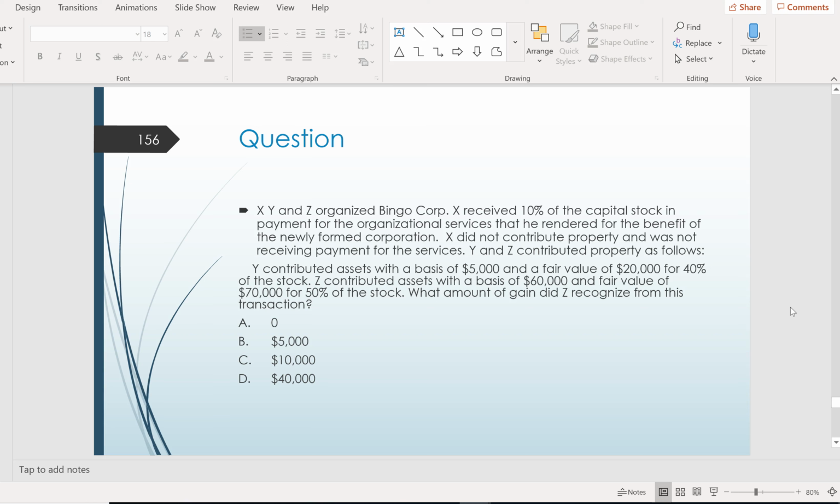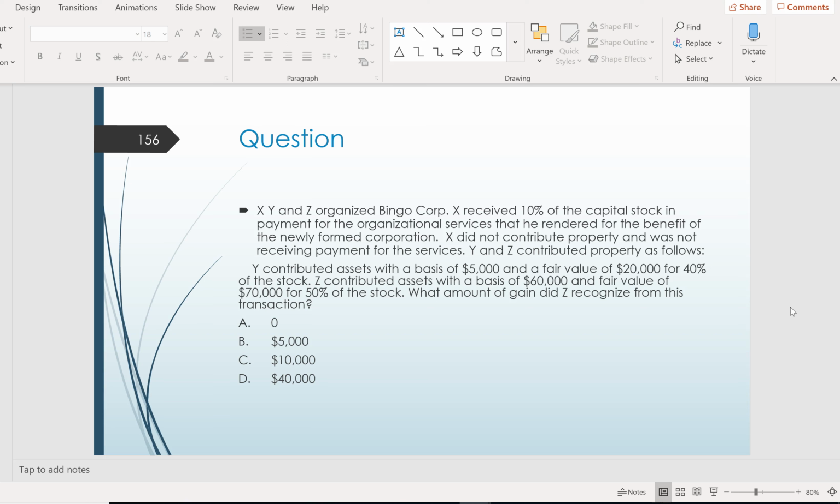Remember, X put in services and got 10% of the stock. What about Y? Y contributed assets with a basis of $5,000 and a fair value of $20,000 and got 40% of the stock. Z, we said, contributed assets with a basis of $60,000 and a fair value of $70,000 and got 50% of the stock. So those who contributed property, Y and Z, came away with at least 80% of the stock.